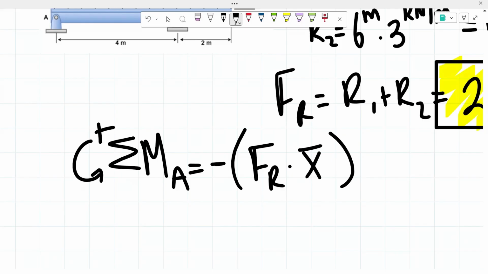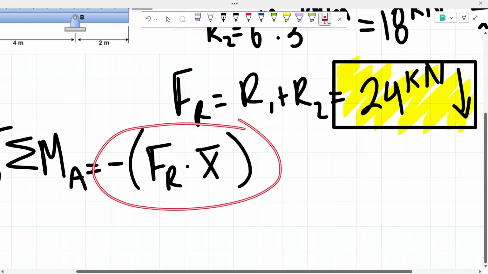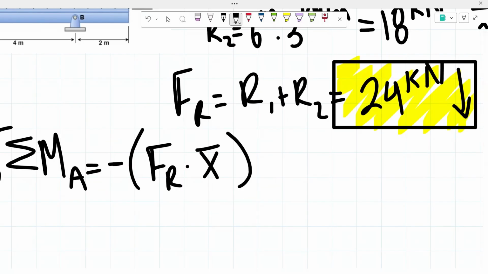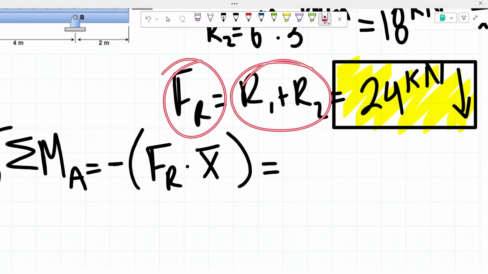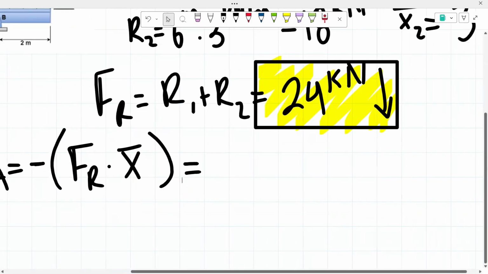Now from here, I'm going to take this part of our equation and rewrite it. We know that moment is equal to force times distance. Our force here is our resultant force, but remember, we said that our resultant force is equal to the summation of all our forces. So that means we could rewrite this part of our equation.